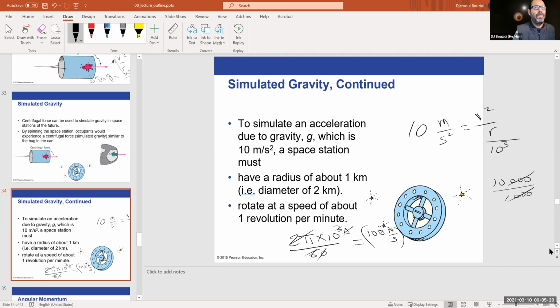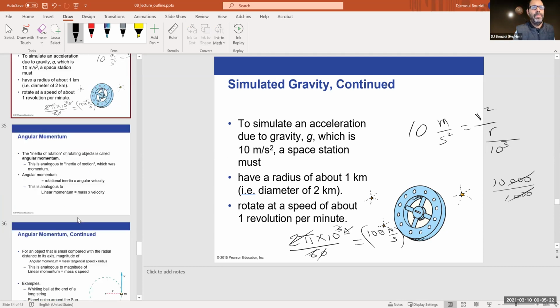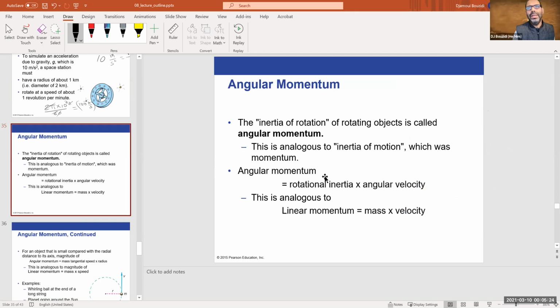Mathematically, you can solve this problem, okay? So again, the inertia of rotation of rotating objects is called angular momentum. Here is the definition for it.